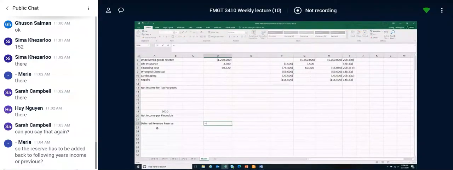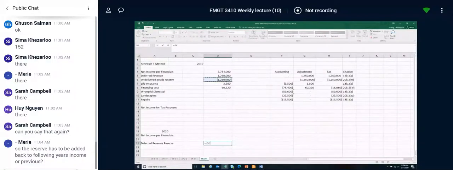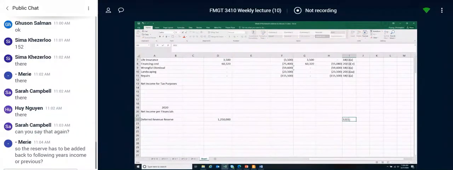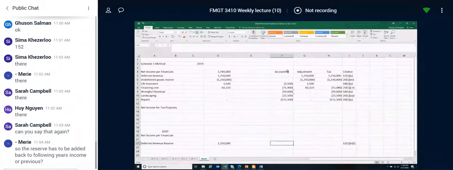I would have to take this reserve, and it has to be added back into income again, pursuant to 12(1)(e)(i).